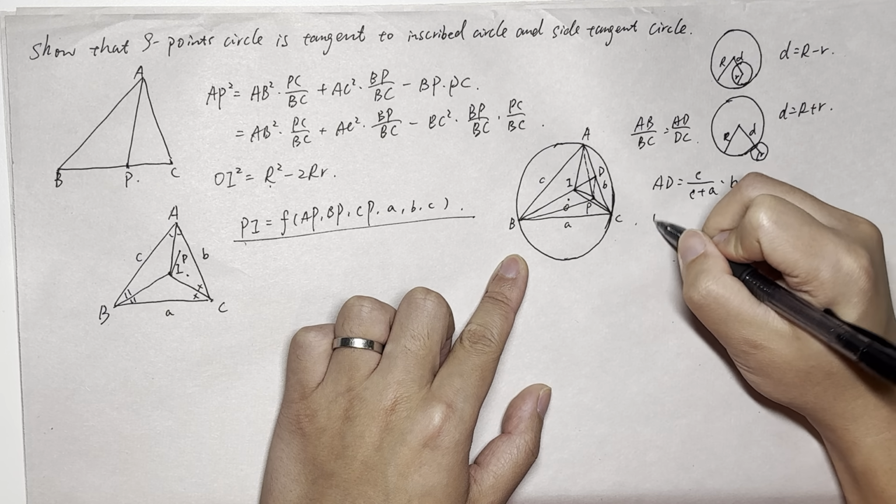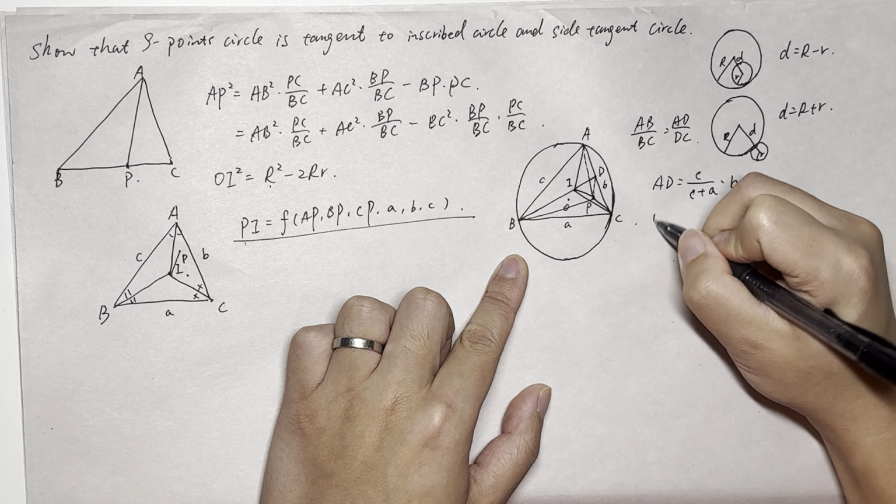Use the Stewart theorem. PD square equals AP square times DC to AC, plus PC square times AD to AC, minus AD times DC.